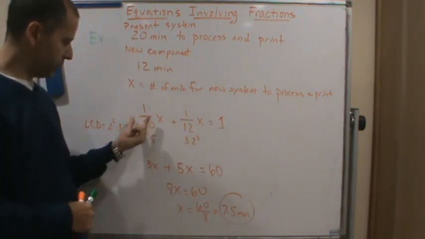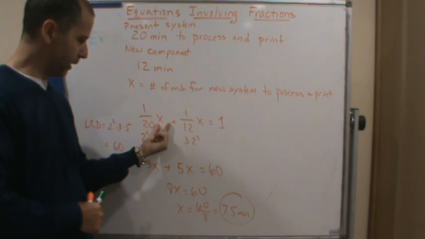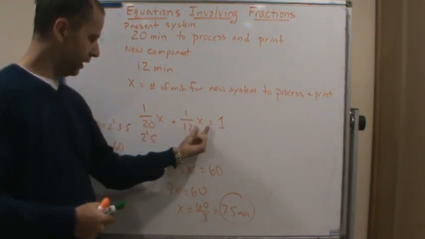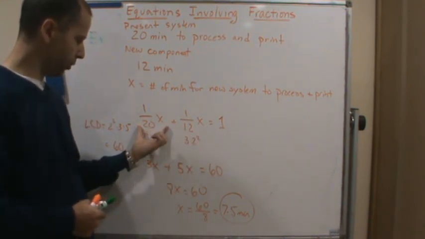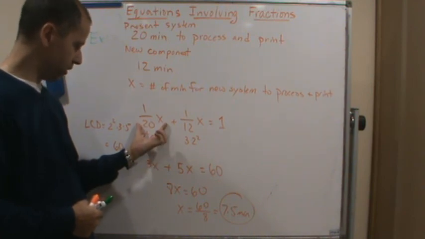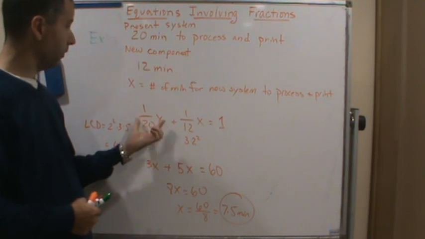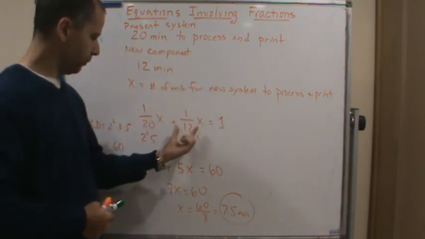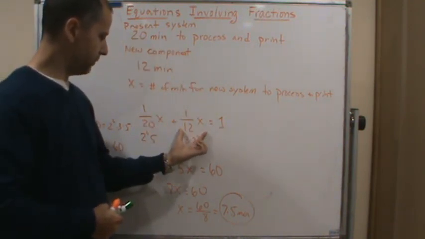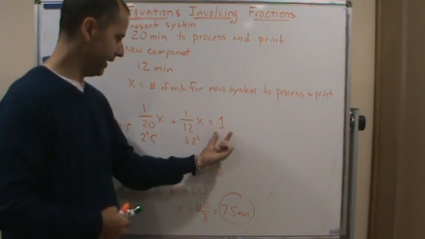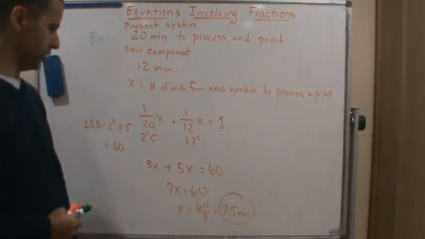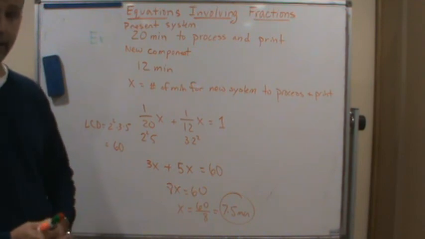Then we take that rate times the amount of time it takes them together. This equals the portion of the job that the present system would do, plus the portion of the job that the new component would do, and that has to equal the entire job, which is 1. And that's it.